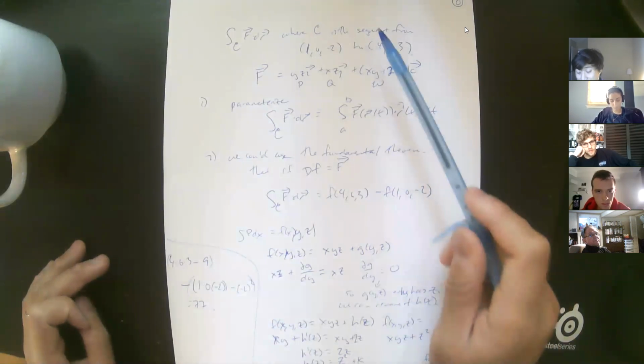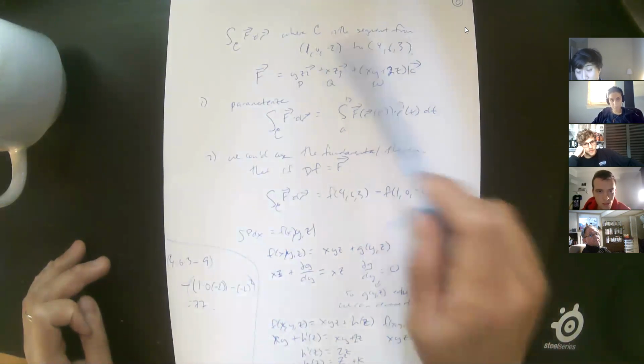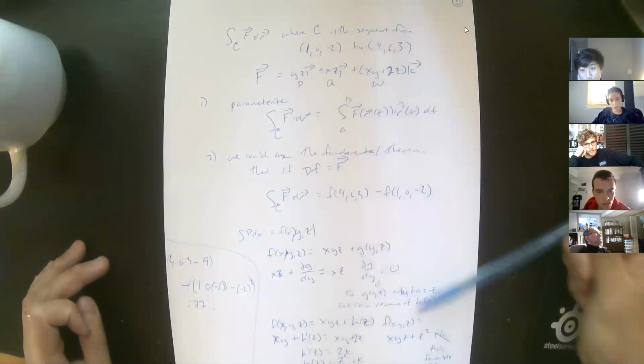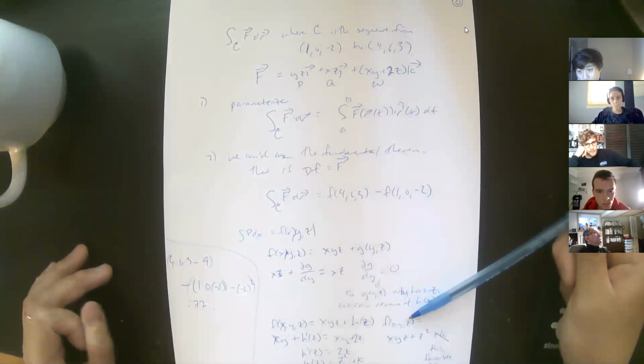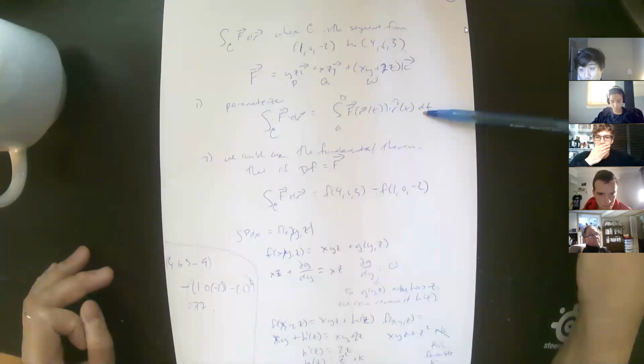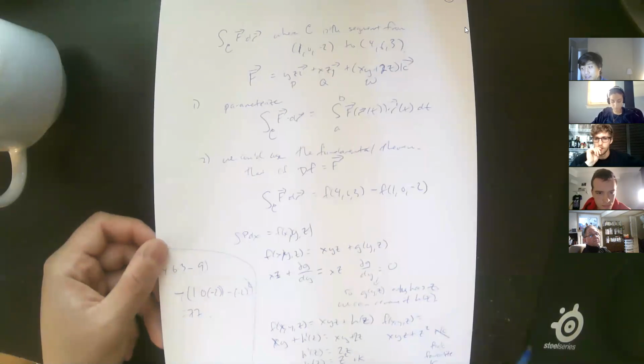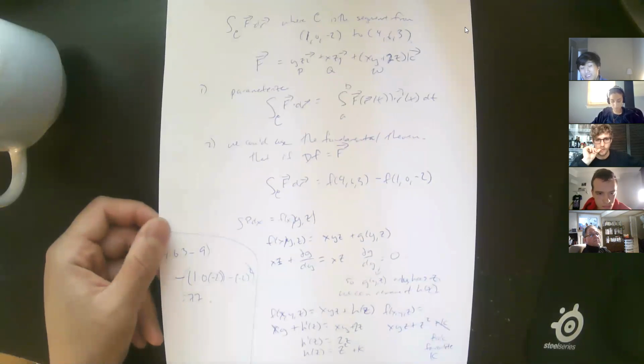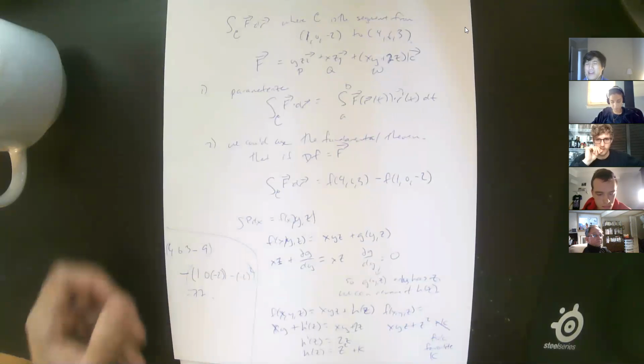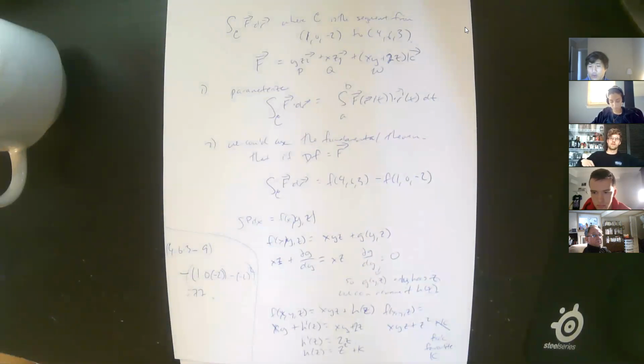So if I had given you a really complicated path from here to here, this would be for sure the easier way to do it. And then I wouldn't have had to parameterize a really complicated path. So this is an important example leading into the next section. Well, not this particular example, but it showcases an important idea. You can compute these integrals in many different ways. Some of them are going to be easier, some of them are going to be harder, and it's not going to be the same way every time.